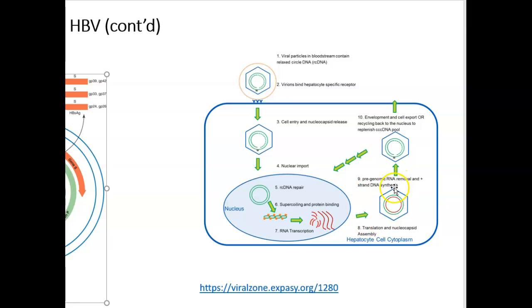you start assembling the virions, and so the capsids are going to surround the messenger RNA, and then reverse transcriptase is going to make your partial double-stranded DNA genome. And then, and this is another weird thing that these viruses do, some of these virions are going to come back to the nucleus in an amplification.